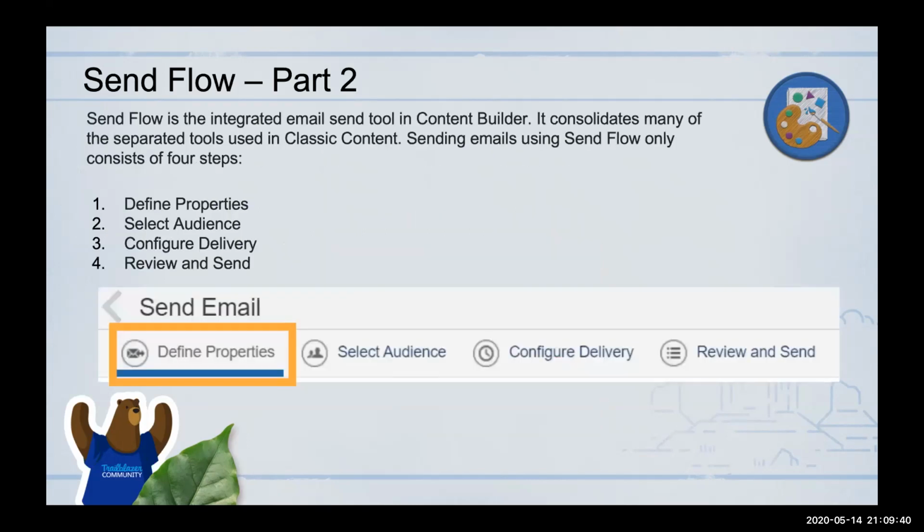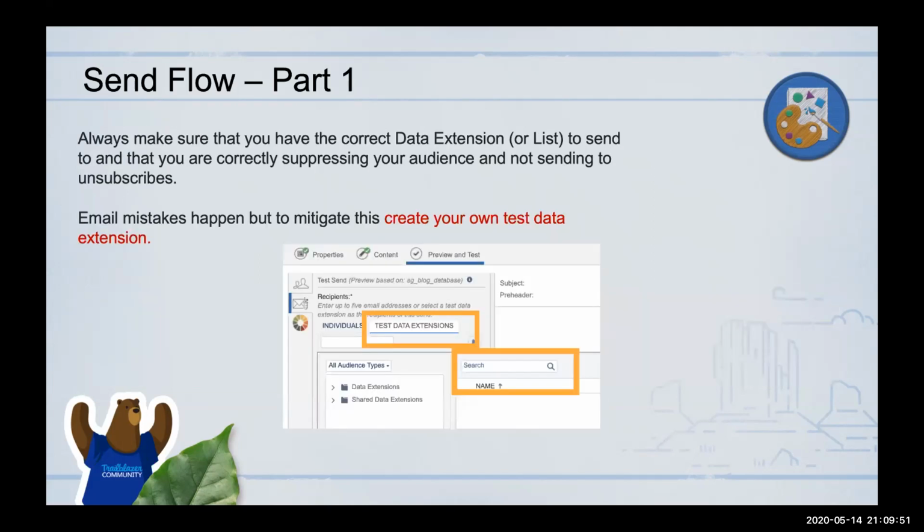So here you have the send flow part 2. This kind of just goes through the deployment process, because sometimes the test doesn't work. I have an issue going on sometimes in one of my business units that I send out emails for, where the preview and test doesn't work, and you might have to do a live send.